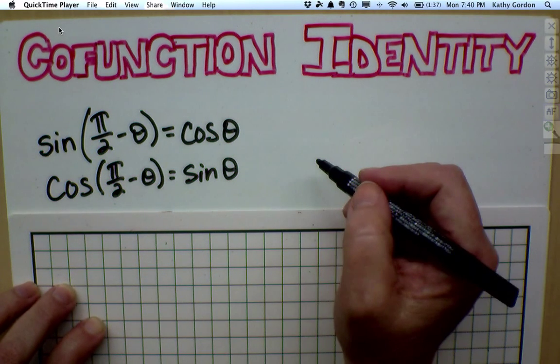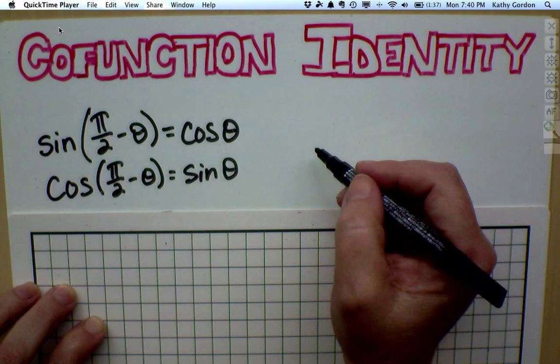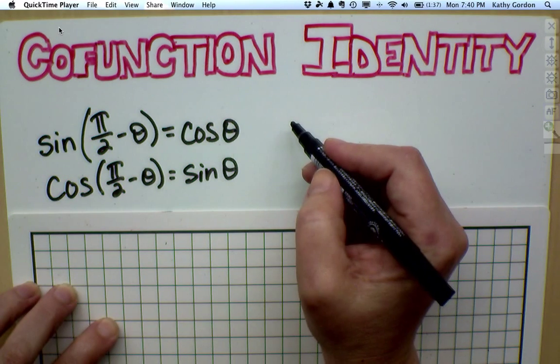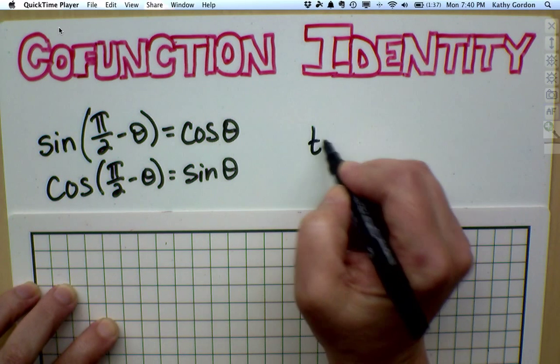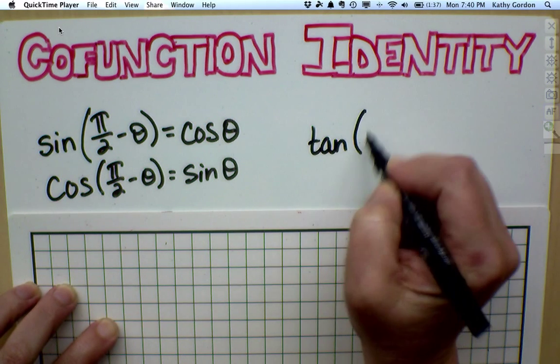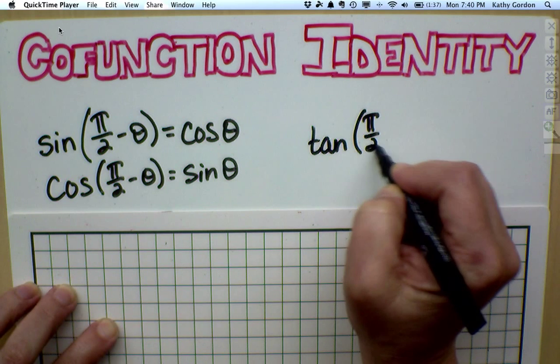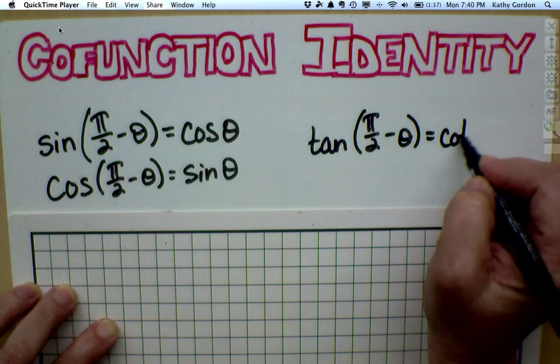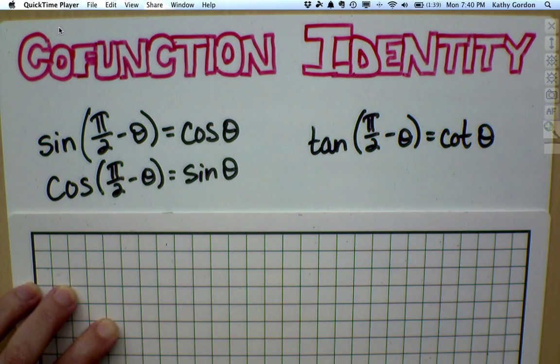The other complementary trig functions that we have are the tangent and cotangent. And so if I take the tangent of pi over 2 minus theta, that is equivalent to the cotangent of theta.